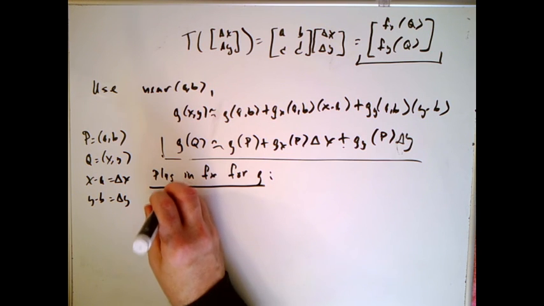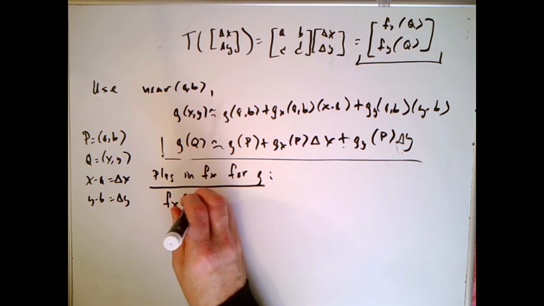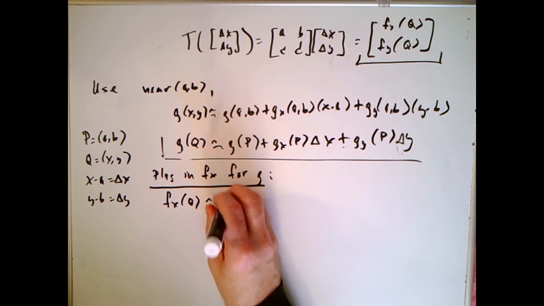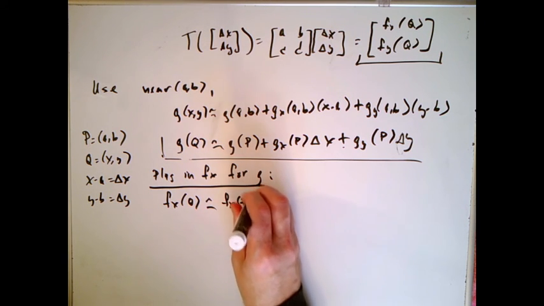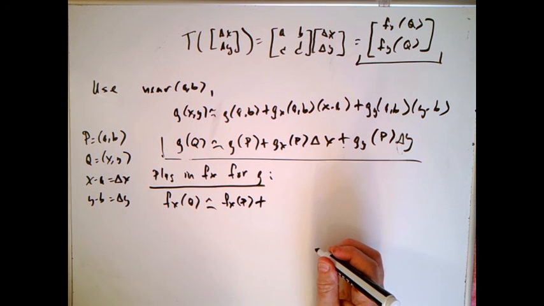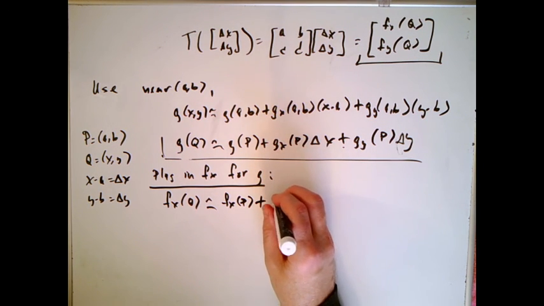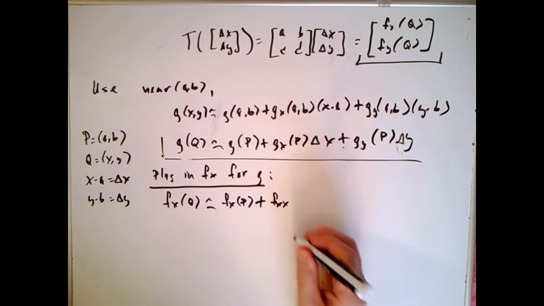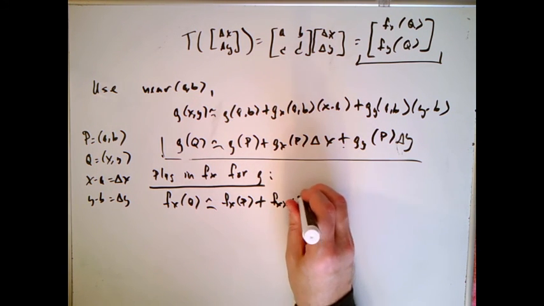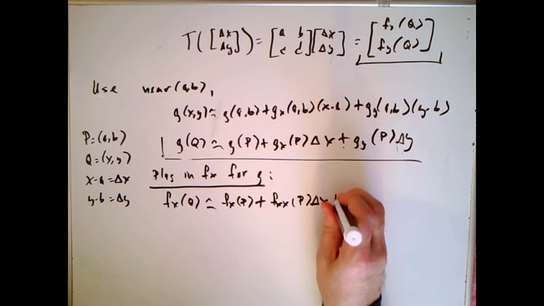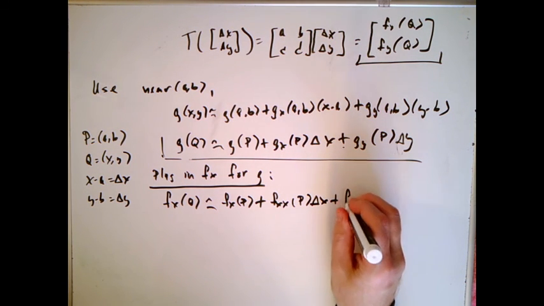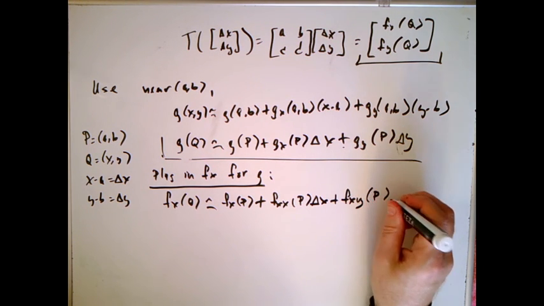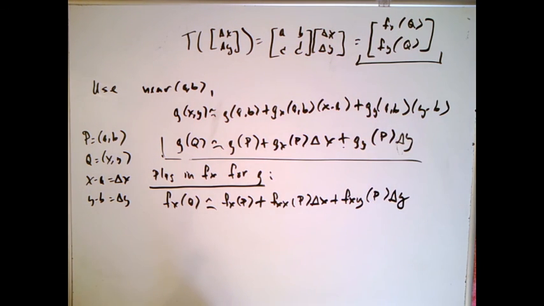So for example, I can write down that f_x at q is approximately equal to f_x at p. Now the next one might be a little confusing. I know that the g right there is f_x, but that's just the g. There's another x there, so that's going to be f_xx at p times delta x. Now g is f_x, but there's another y there, so that's f_xy at p times delta y.